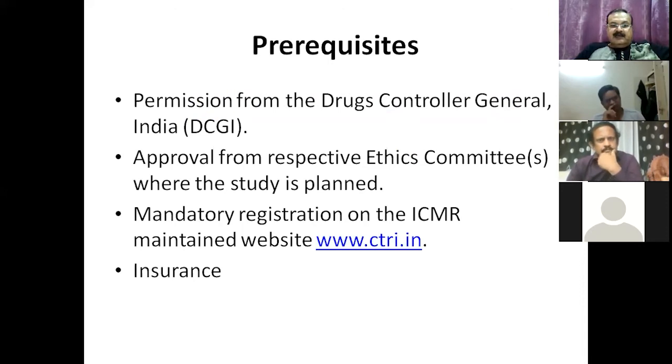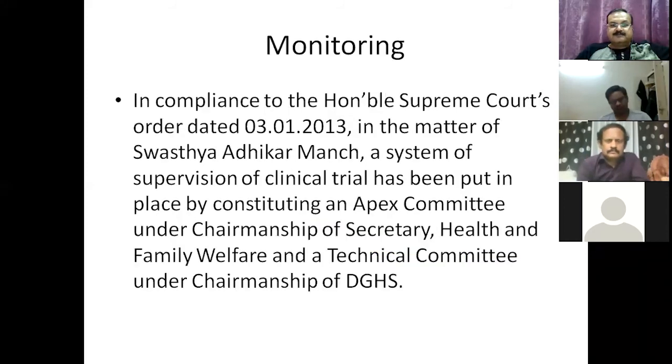Then the clinical trial has to be registered on the ICMR mandated and maintained website, ctri.in, and you should have insurance. Now, insurance has become a very important component because the compensation part has been added. So you may be required to pay compensation, and hence the insurance part has become very important.